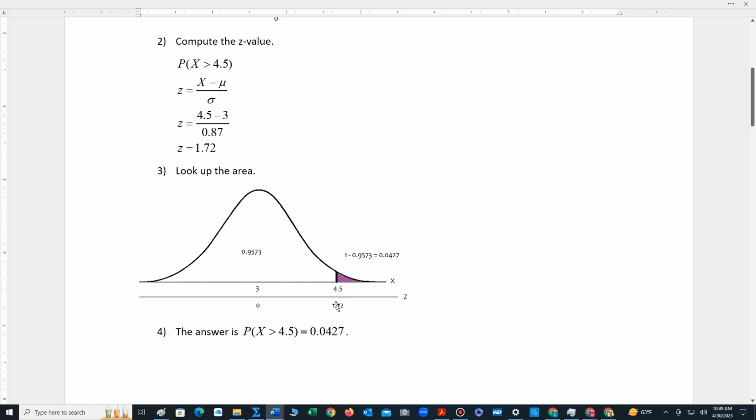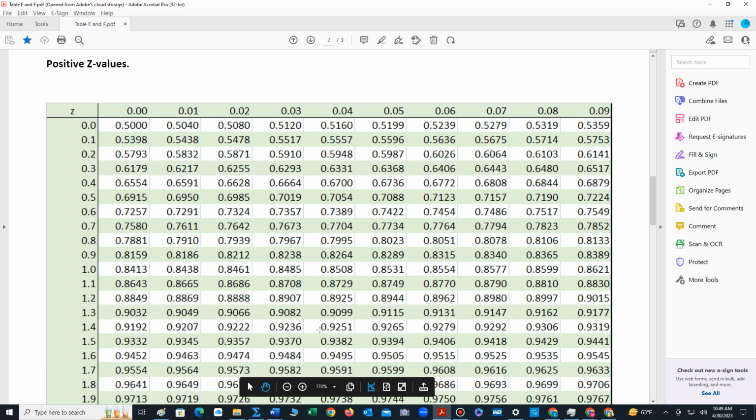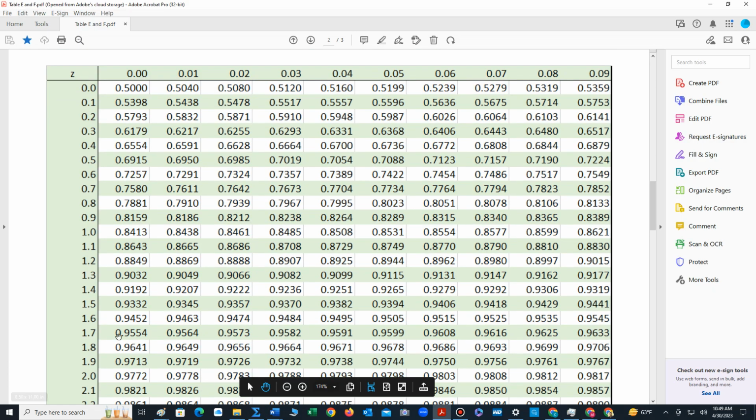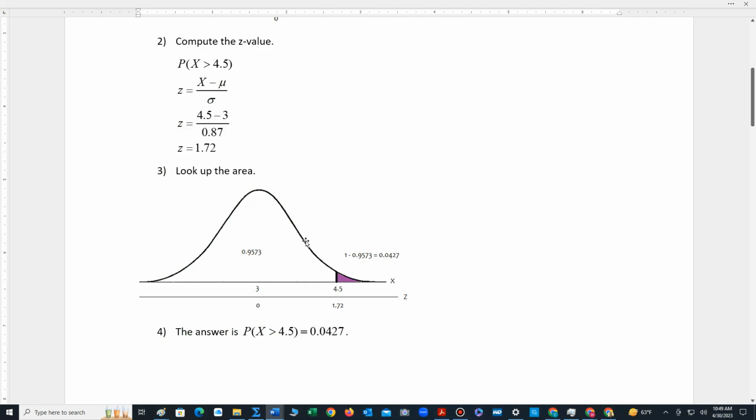Once we have the z-value, we then look it up in table E. So here's 1.7 and 2 is 0.9573.